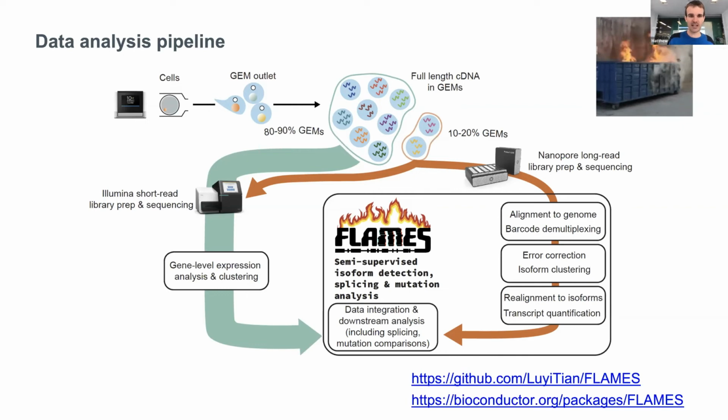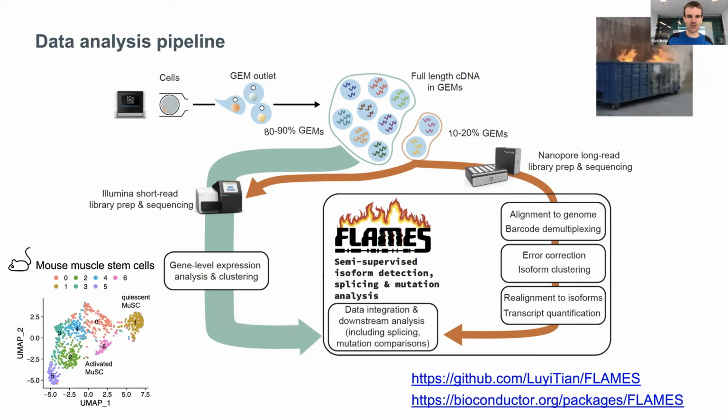So then after that step has been done, we will realign the reads to the isoforms and then perform transcript quantification to get our transcript or isoform count matrix that we then take for further analysis. So while we're doing this to the long read data, in parallel, obviously we've got our short reads. So we do the normal thing of doing our QC, and cluster those short reads to identify the main clusters.